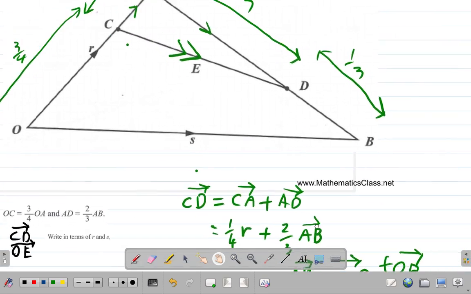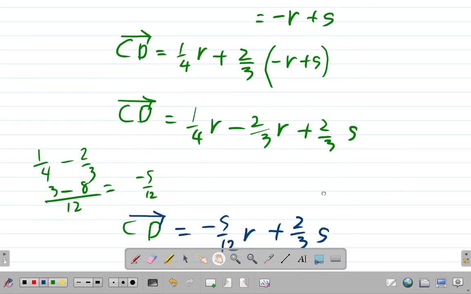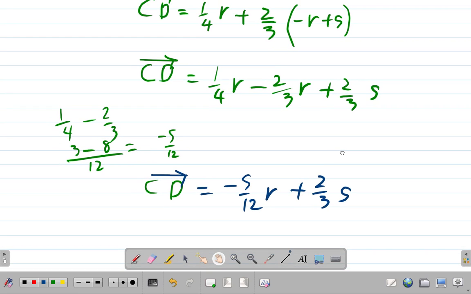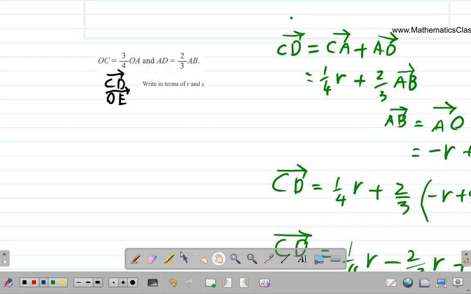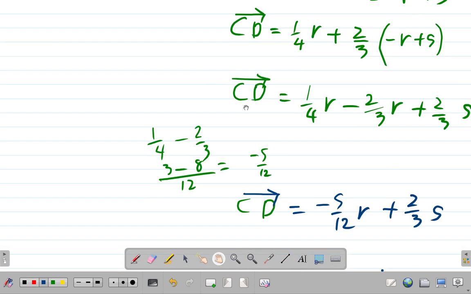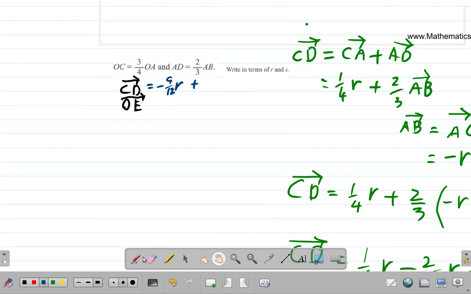CD equals negative 5 over 12 R plus 2/3 S. Let me write it down. Alright. And then OE is the next thing.